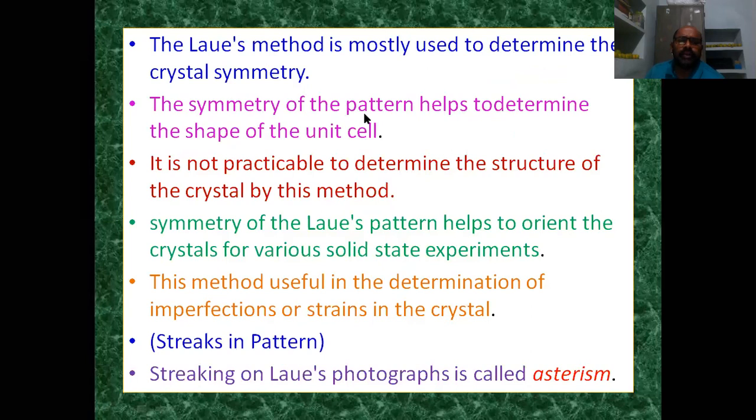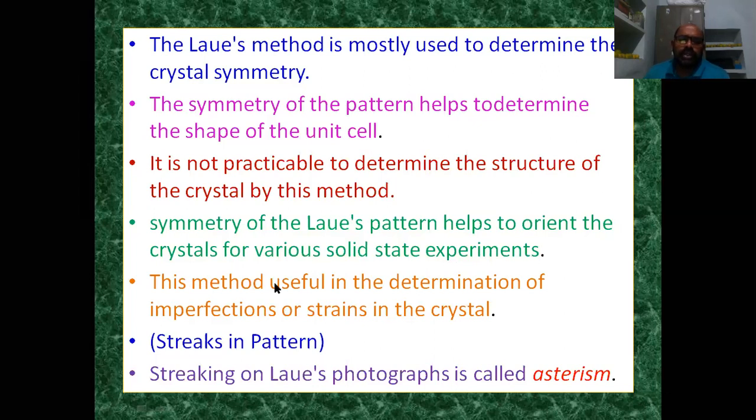The symmetry of the pattern helps to determine the shape of the unit cell. If we know the symmetry of the pattern, we can determine the shape of the unit cell, but not the structure of the cell. Symmetry of the Laue pattern helps to orient the crystals for various solid state experiments.